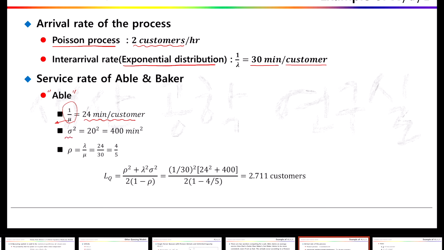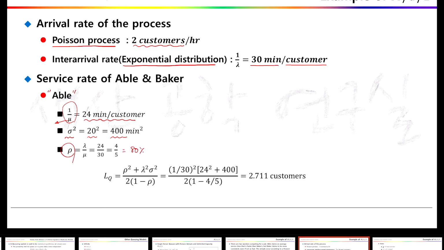And the variance is going to be 400 minutes squared. And utilization is lambda over mu. So Abel's utilization is about 80%.